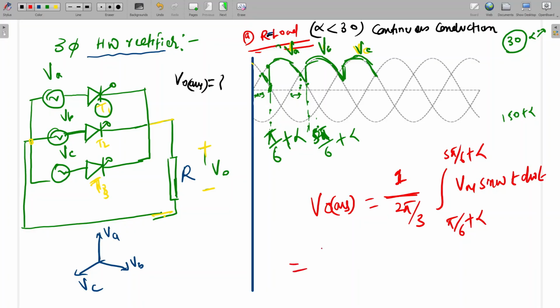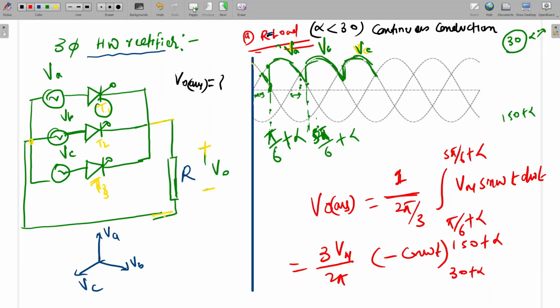So it will be 3 Vm upon 2 pi, and the integral of sin omega t is minus cos omega t, between 30 plus alpha and 150 plus alpha. We simplify this one.